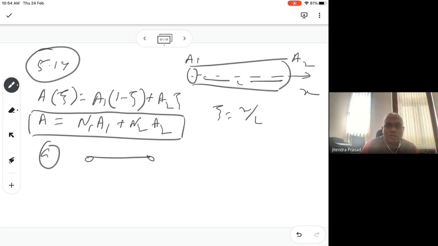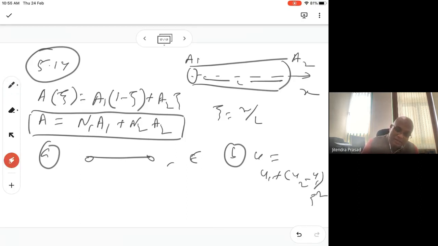First one is talking about Young's modulus E, and then second, B is asking you when U is given by U1 plus U2 minus U1 xi square. So this is giving you the interpolation function to begin with, right? And then you have to compose this one accordingly. So how to do it?